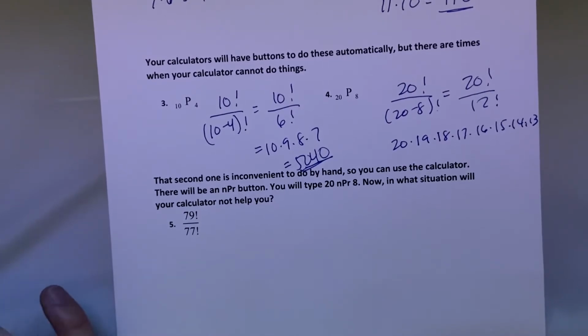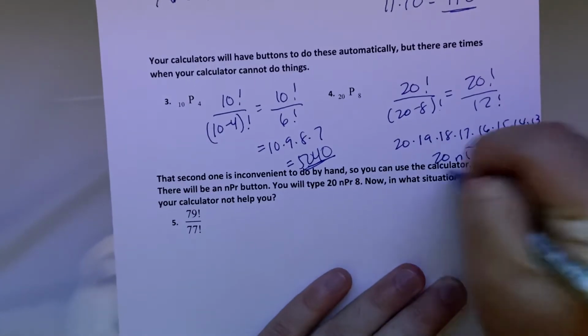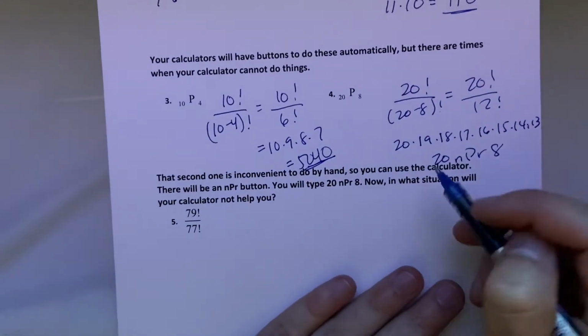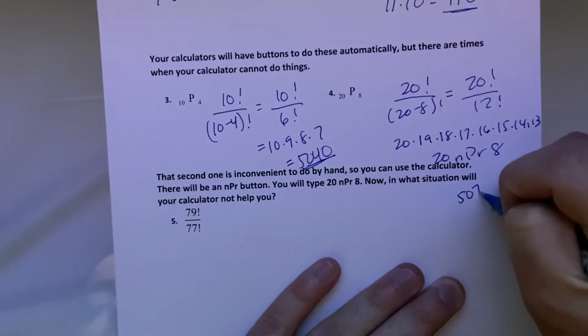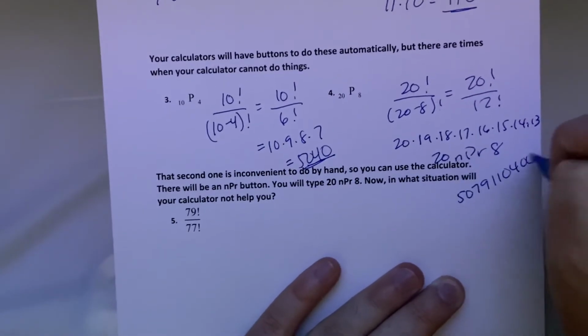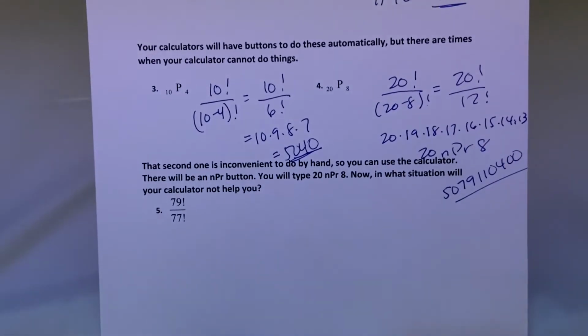So in your calculator, if you find the probability section, there's an nPr button. If you type in 20 nPr 8, that's the same as the 20P8 there. This is how you'll put it in the calculator. Anyway, this is a massive number, 5,079,110,400. So that's only, what, 5 billion?